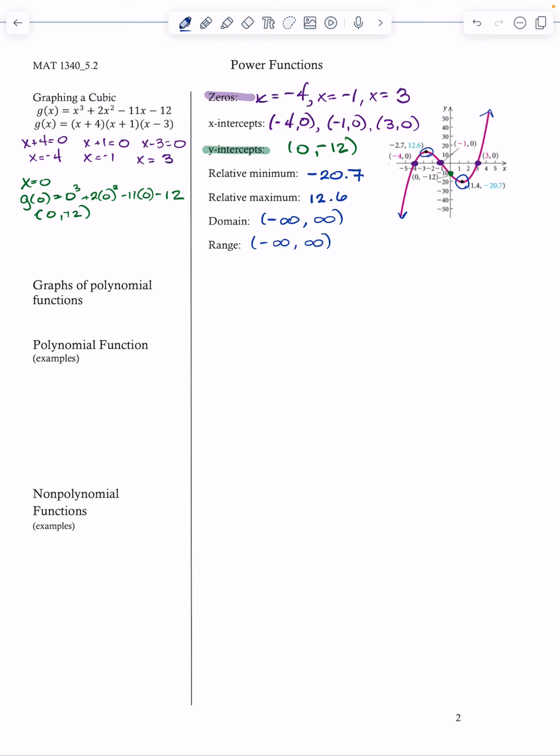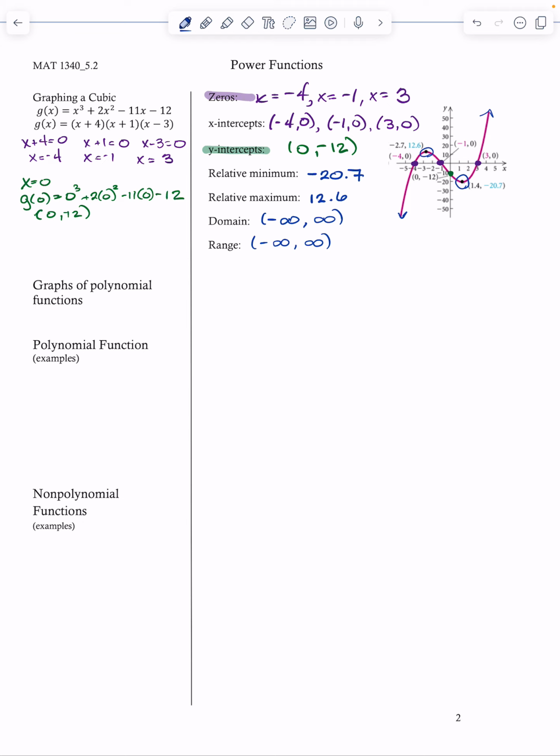If we have a polynomial function with odd degree, the ends of the polynomial function are going to go opposite directions. One will go to positive infinity, one will go to negative. And so we will eventually cover everything. Okay.